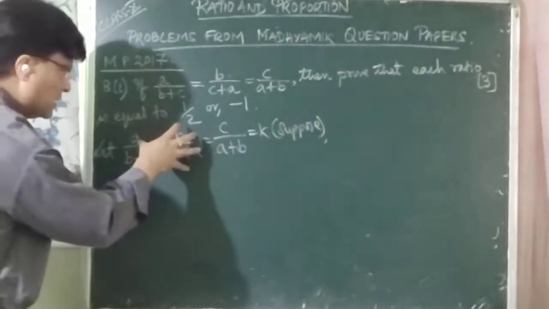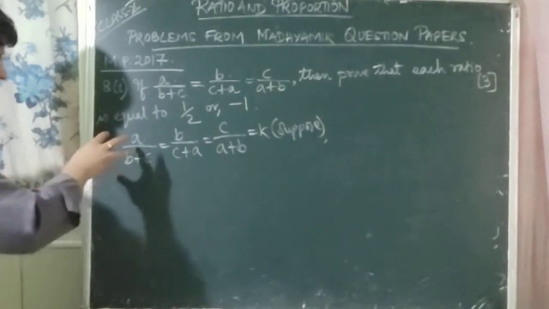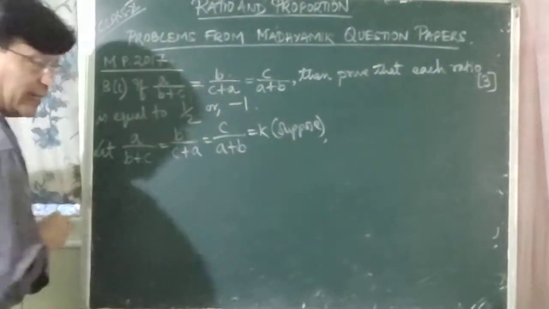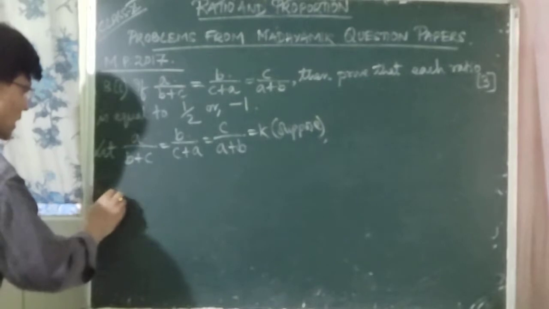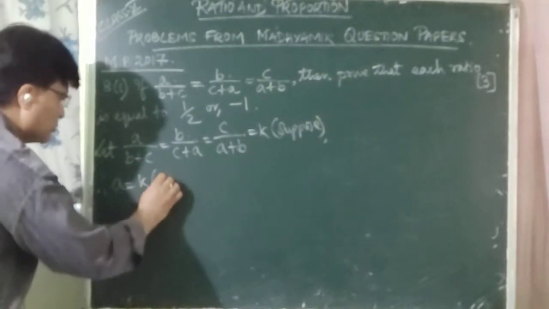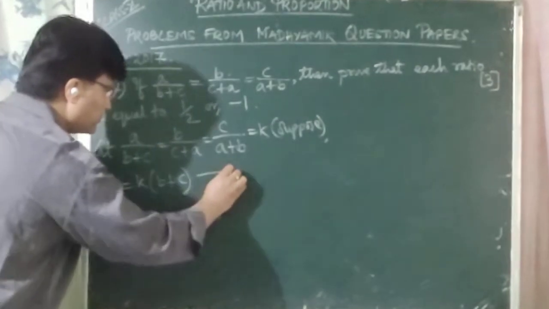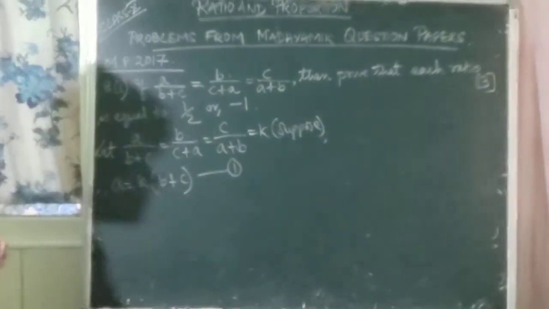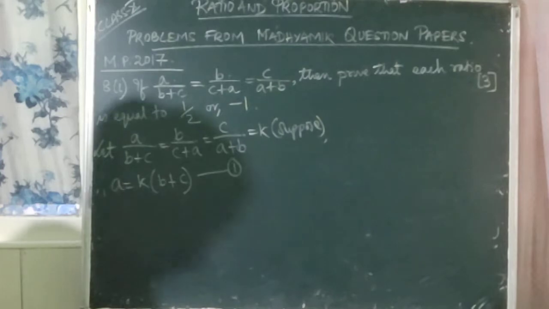Now from this we can equate the first ratio to K, and if you cross multiply, you will get A is equal to K into B plus C. Let us mark it equation number 1.